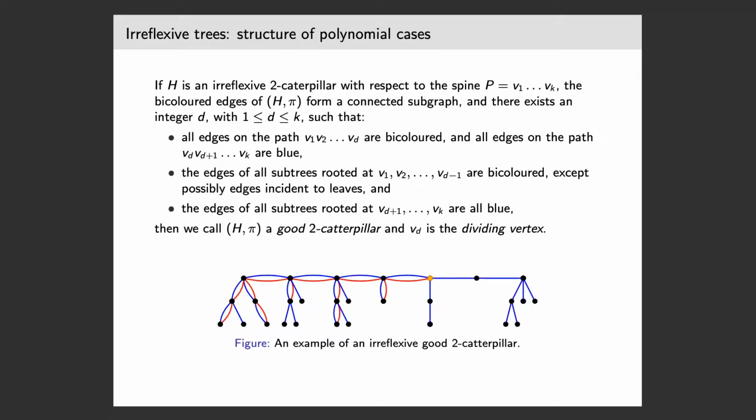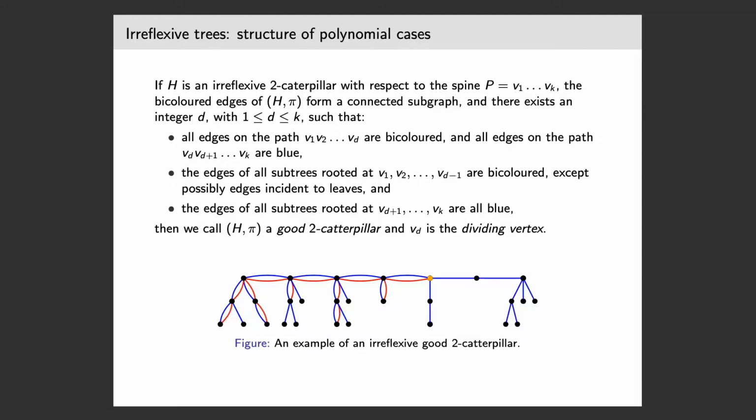Furthermore, there exists a dividing vertex on the spine such that the spine to the left is bicolored and the part to the right is blue. Also, the subtrees rooted at the first d-1 vertices of the spine are bicolored, except for possibly the edges incident to leaves. Finally, from Vd+1 to Vk, all subtrees are blue.